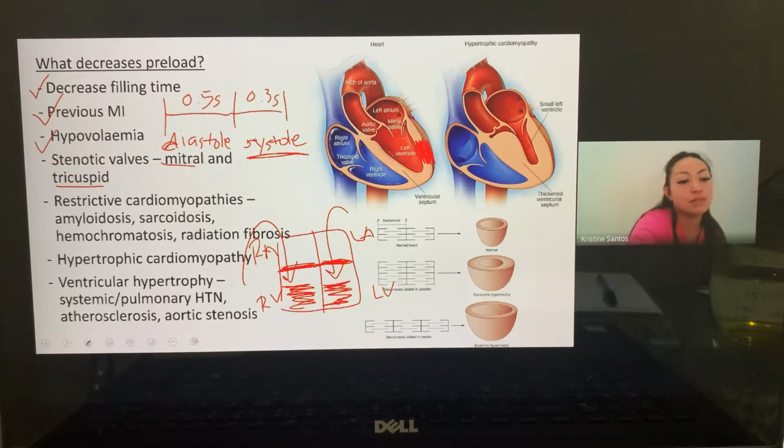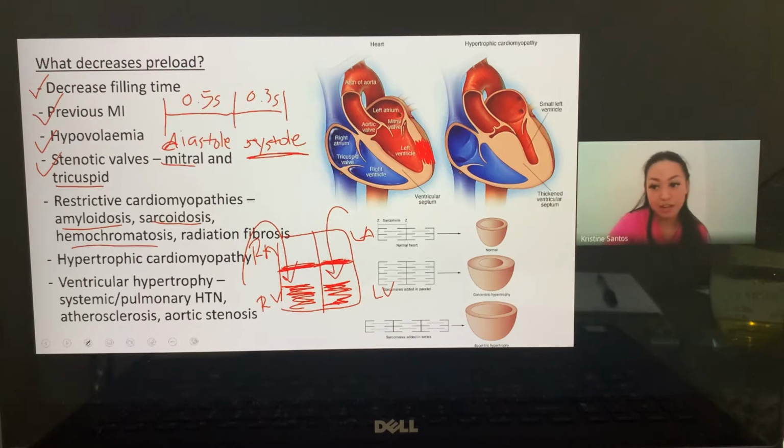Okay. So the next one is restrictive cardiomyopathies. In restrictive cardiomyopathies, this can be caused by different things. Amyloidosis is the buildup of a protein called amylin in the myocardium. Sarcoidosis is the buildup of tiny immune cells that form granulomas inside the myocardium.